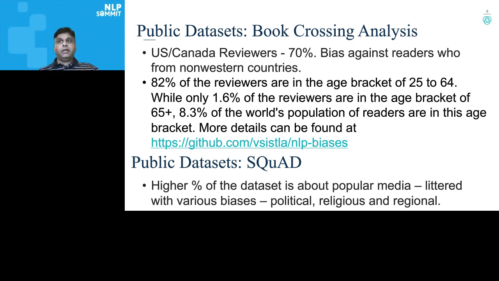For example, India, on average, readers would read about 11 hours per day. They are not even represented in this data set. And why is this critical or why is this important?